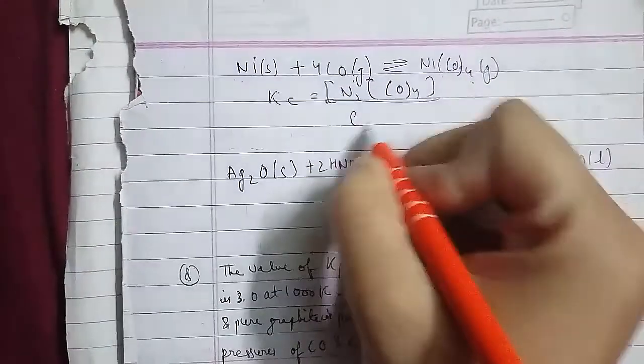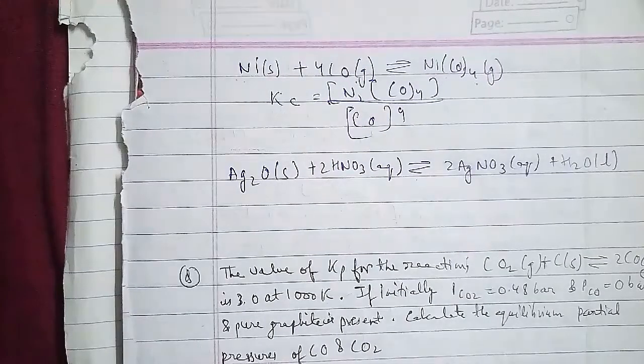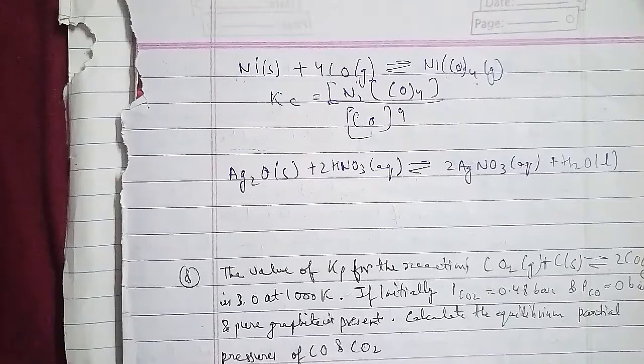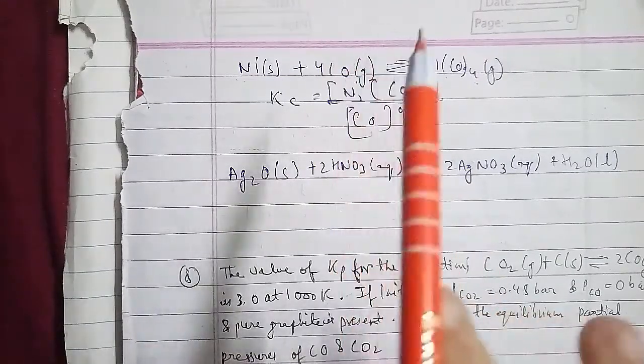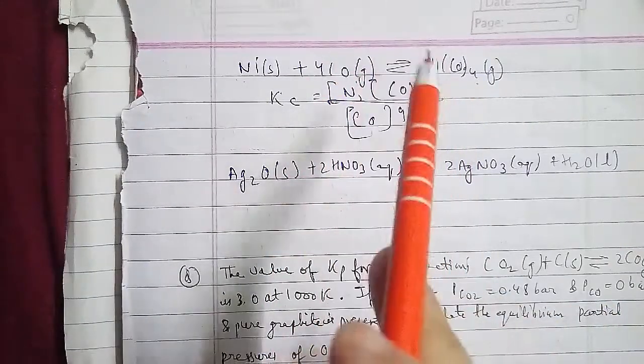With regard to that, as I told you, it may be remembered that in heterogeneous equilibrium, pure solids or liquids must be present however small the amount may be for the equilibrium to exist, but their concentrations or partial pressures do not appear in the expression of the equilibrium constant.